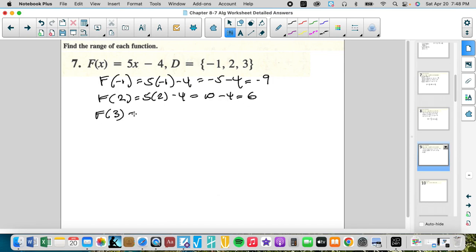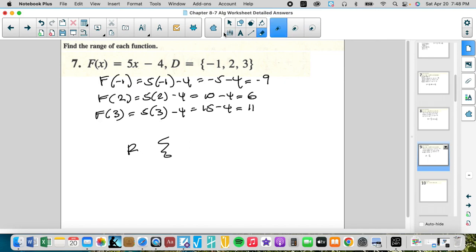F of 3 equals 5 times 3 minus 4, 15 minus 4 is 11. R for range equals negative 9, 6, 11.